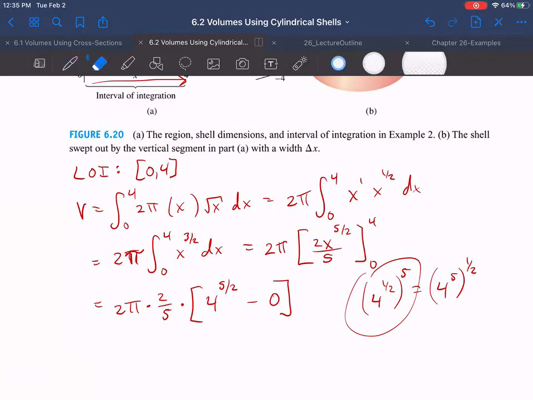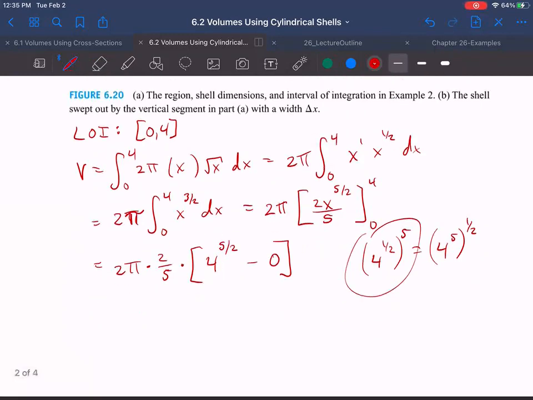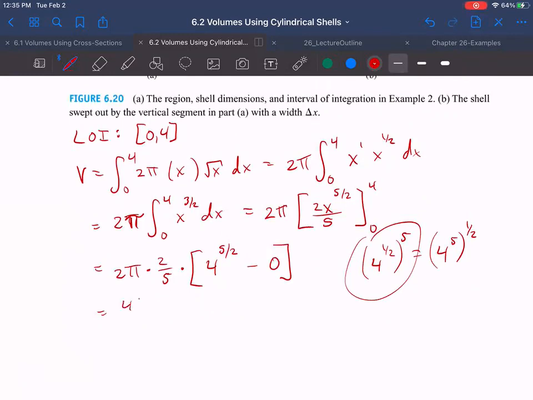Good. So this becomes 4 pi over 5 times 32. And 32 times 4 is what?